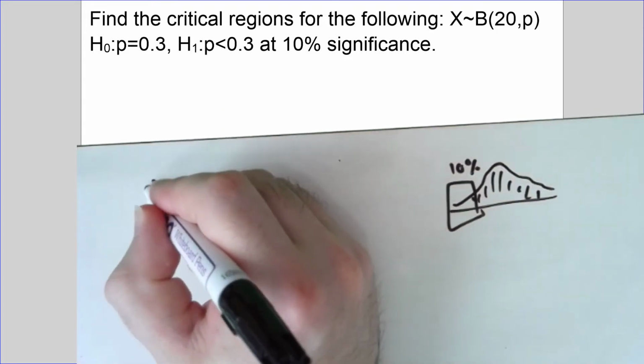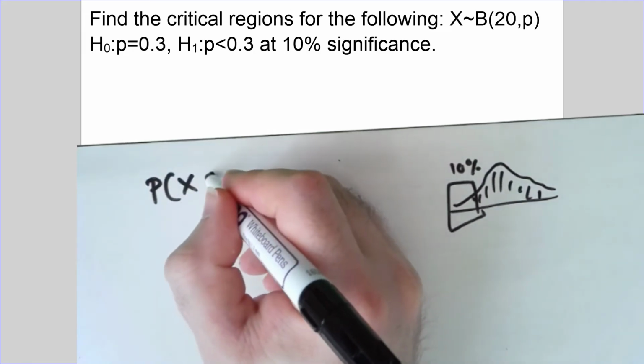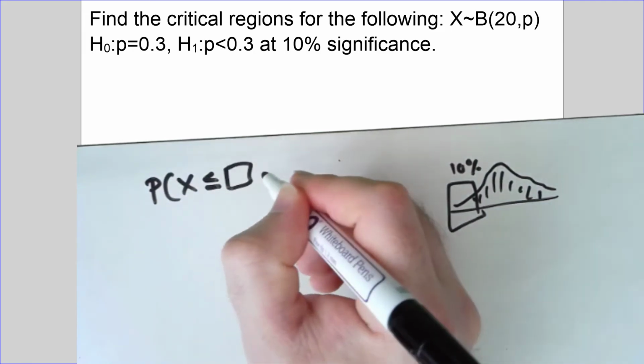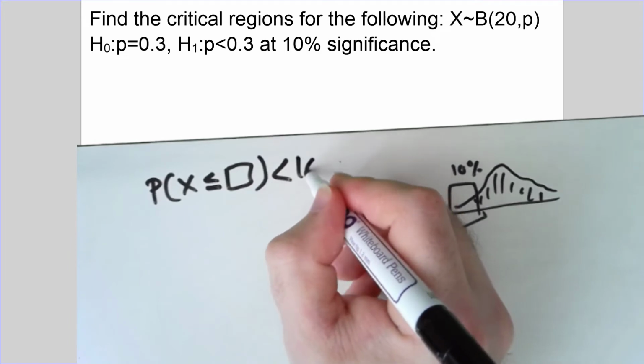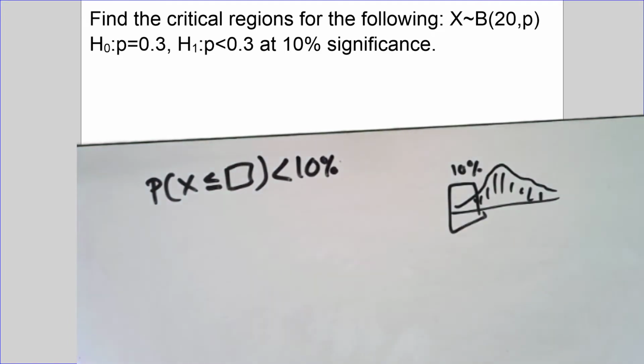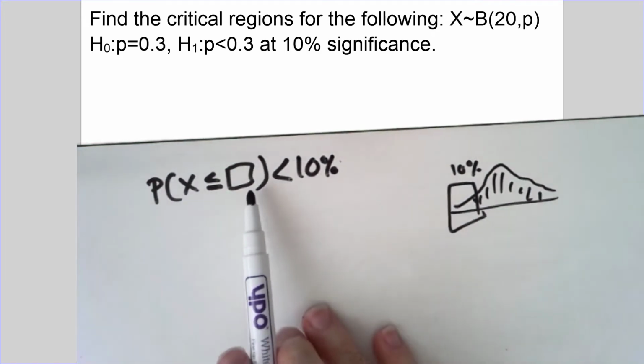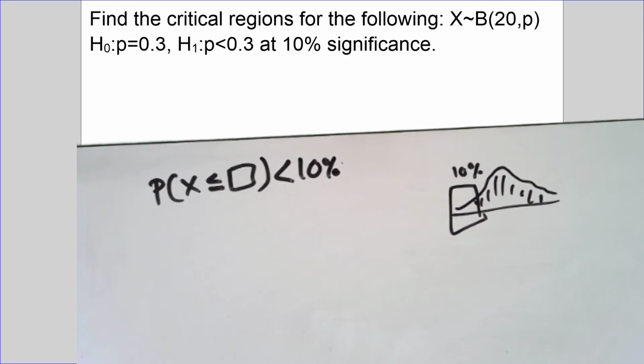So in this case we're looking at probability x is less than or equal to something is less than 10%. We want to know the biggest number that goes in here that allows us to find the 10% of least likely outcomes.